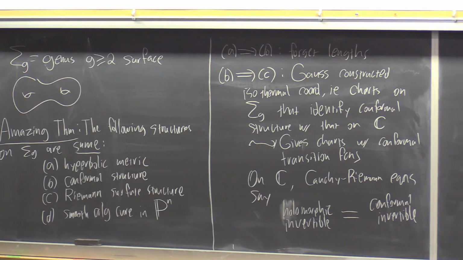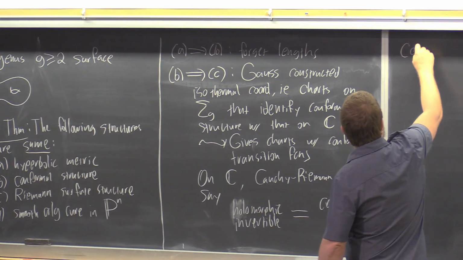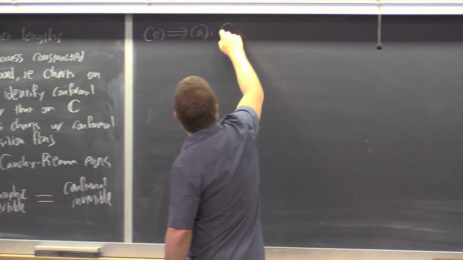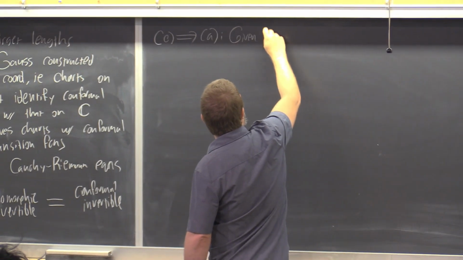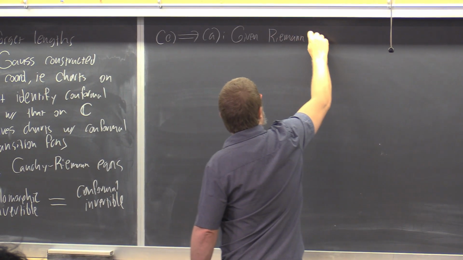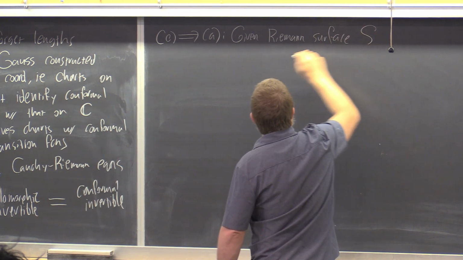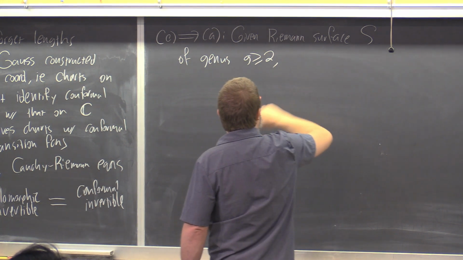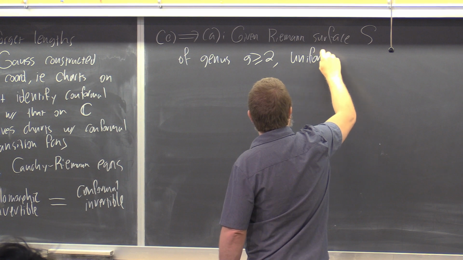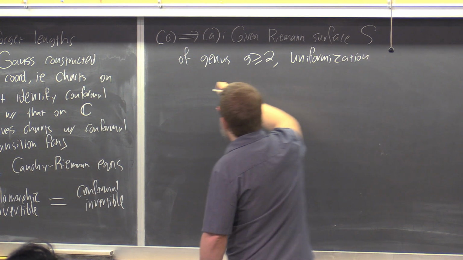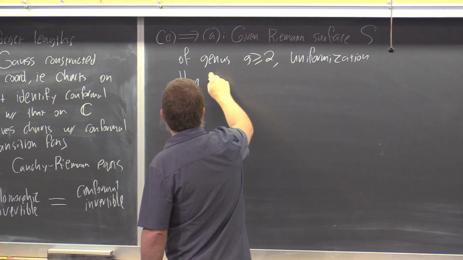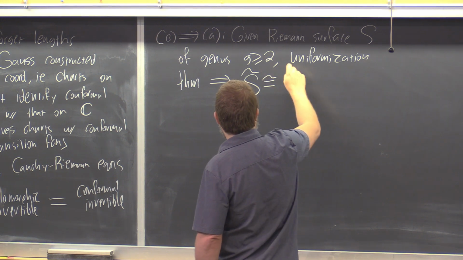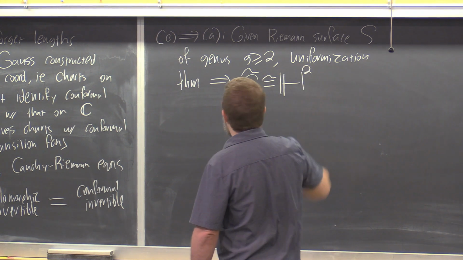How do you go from C to A? Well, given a Riemann surface S of genus G greater than or equal to 2, the uniformization theorem implies that the universal cover of S is isomorphic to the upper half plane, right?